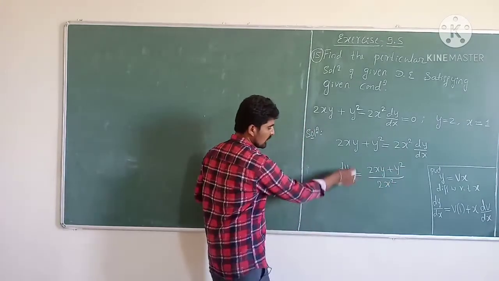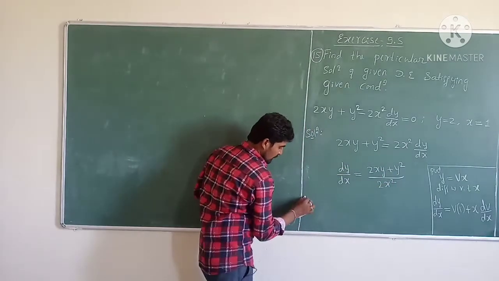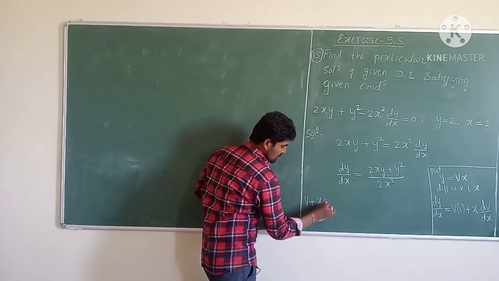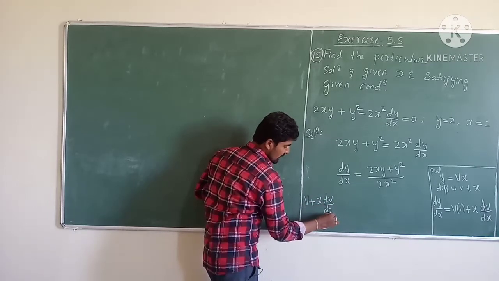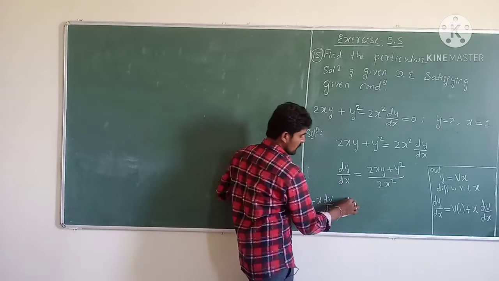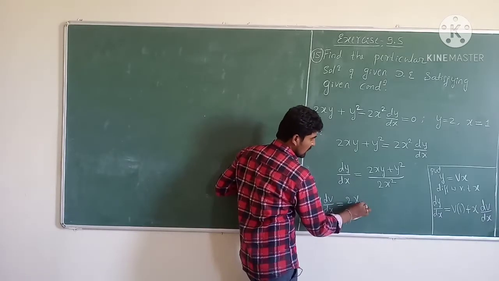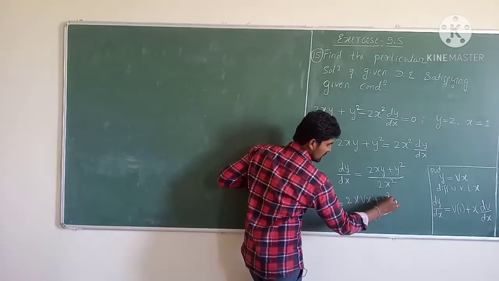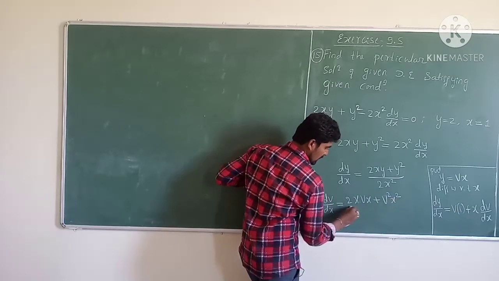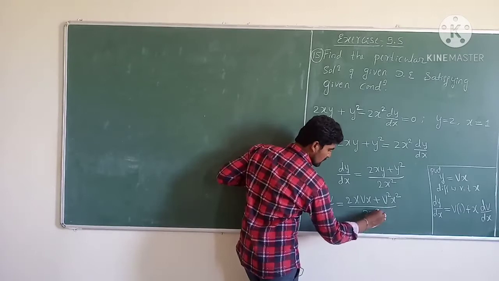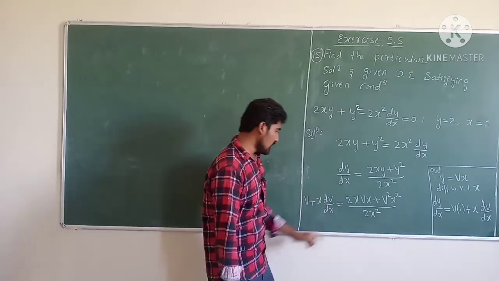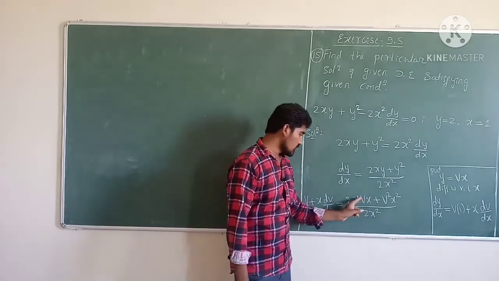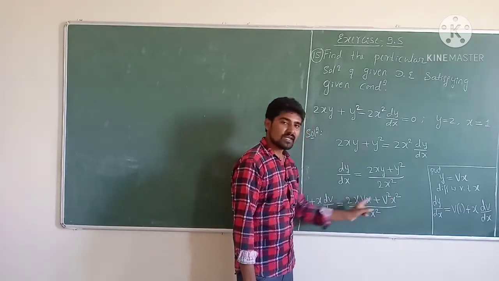We get v plus x into dv divided by dx is equal to 2 into x into y, the value of y is vx, plus y square means v square x square, divided by 2x square. Now in the numerator x into x is x square, so we may take x square as common from the numerator.